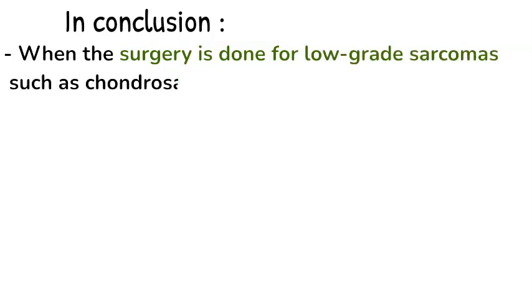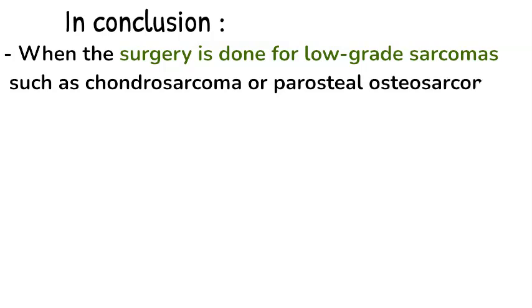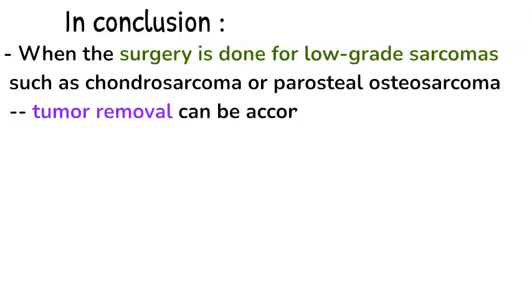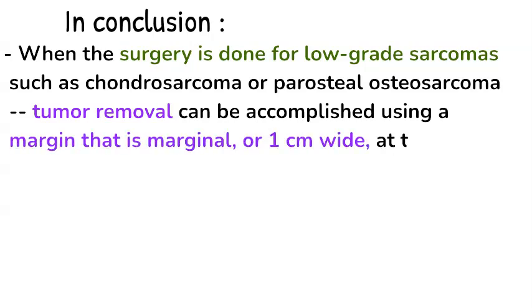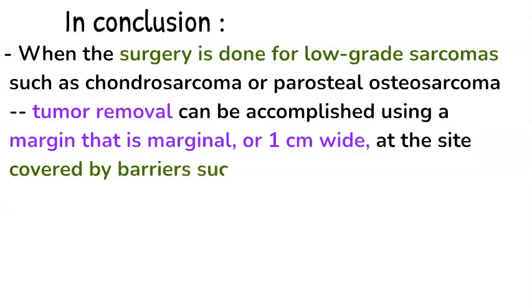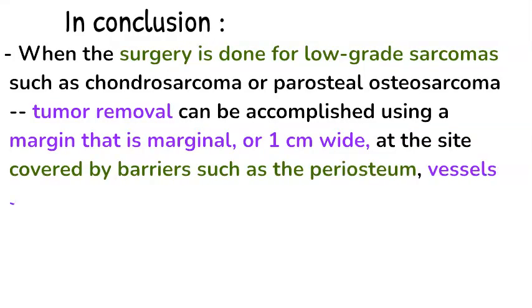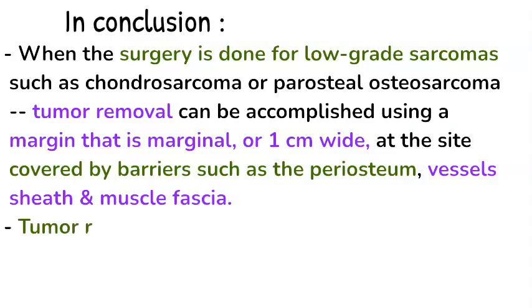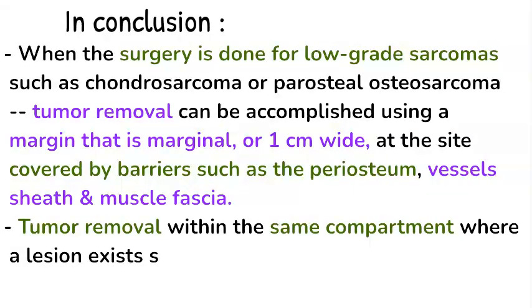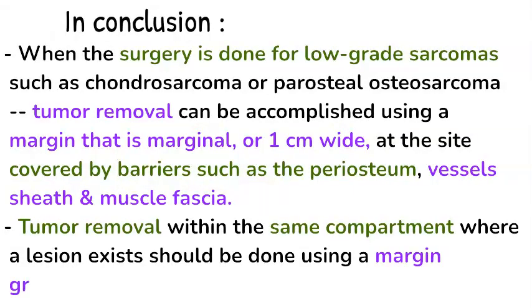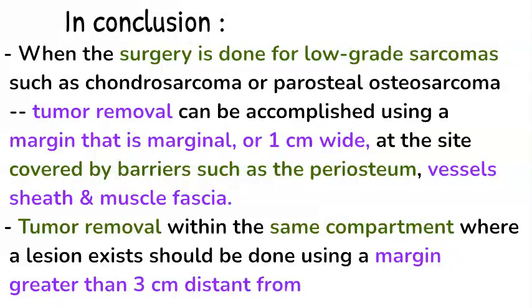When the surgery is done for low-grade sarcomas such as chondrosarcoma or parosteal osteosarcoma, the tumor removal can be accomplished using a margin that is marginal or 1 cm wide at the site covered by barriers such as the periosteum, the vessel sheath, and the muscle fascia. Tumor removal within the same compartment where a lesion exists should be done using a margin greater than 3 cm distant from the lesion.